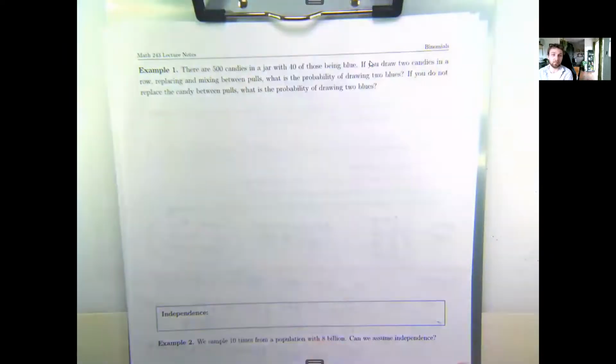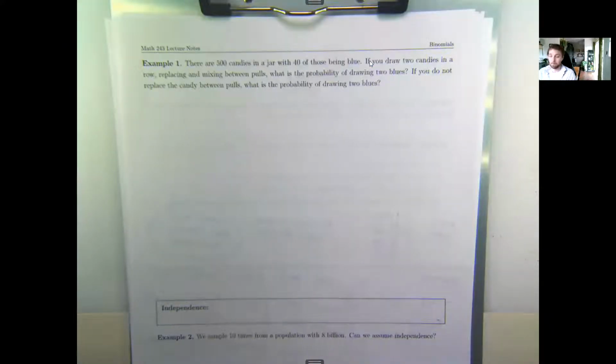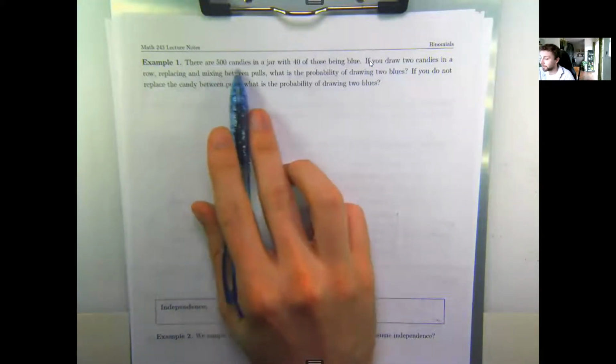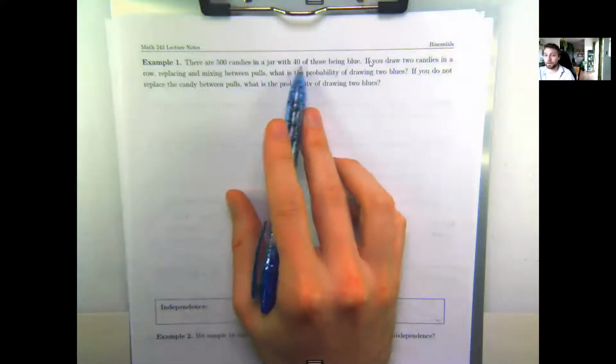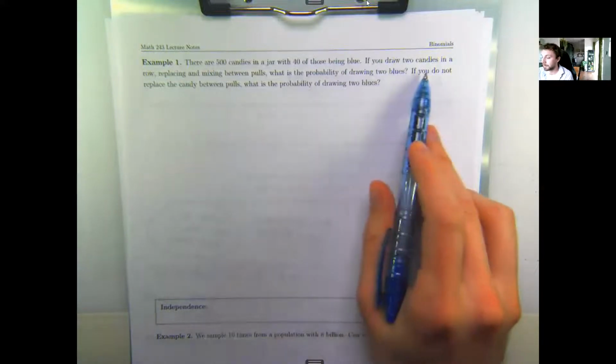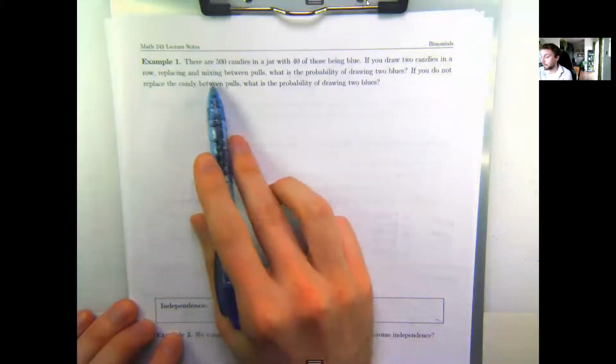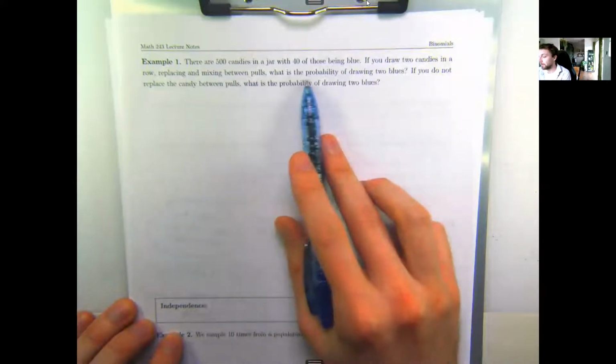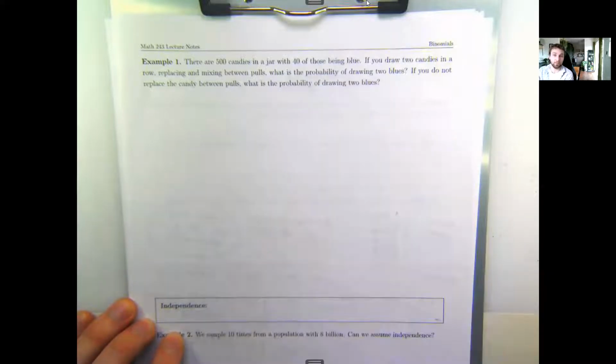by looking at 2 very similar looking problems. Suppose there are 500 candies in a jar, with 40 of those candies being blue. If you draw 2 candies in a row, replacing and mixing between the pulls, what is the probability of getting 2 blues?